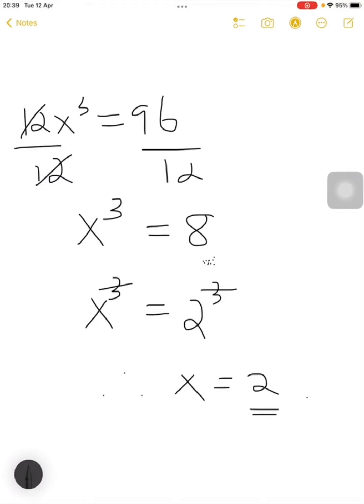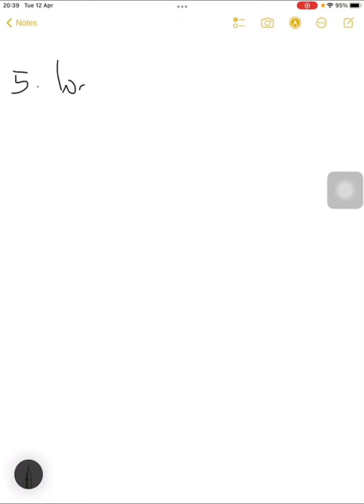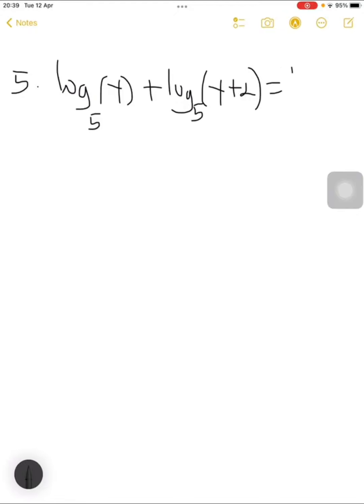Okay, so let's look into example number 5. Log y base 5 plus log y plus 2 base 5 is equal to log y plus 6 base 5.